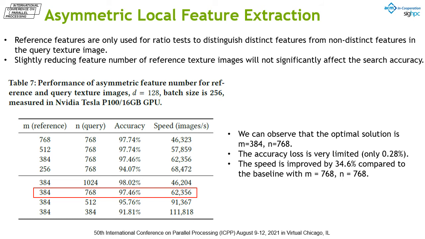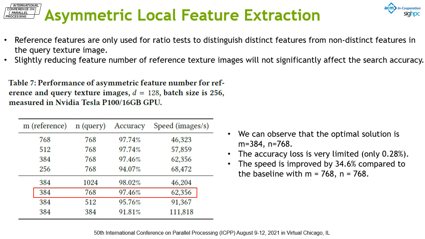And usually hundreds of features are extracted in each reference texture image. So we suppose slightly reducing the feature number of the reference texture image won't significantly affect the search accuracy. And the experimental results validate our assumption.